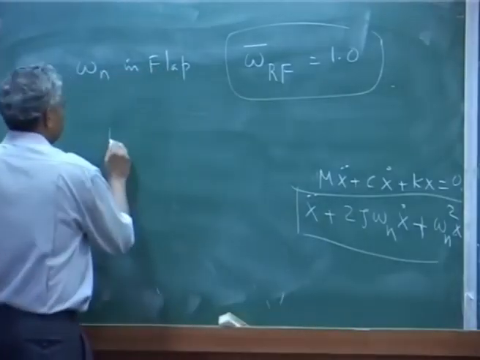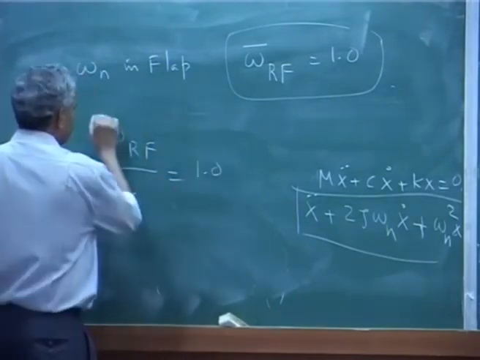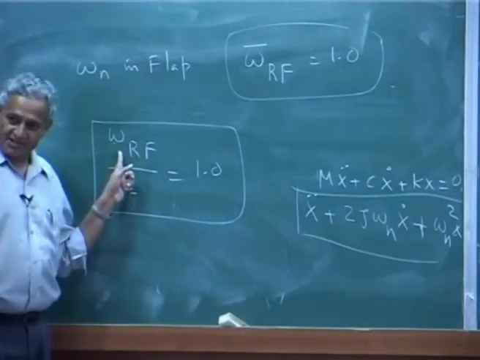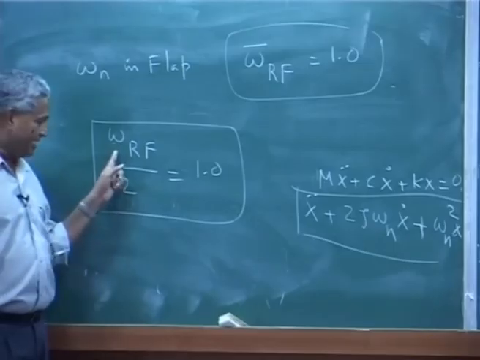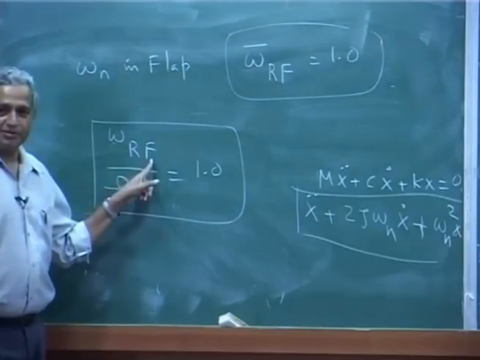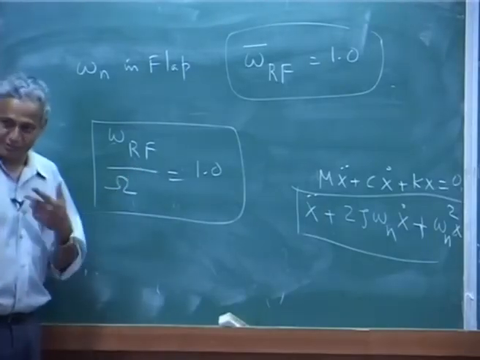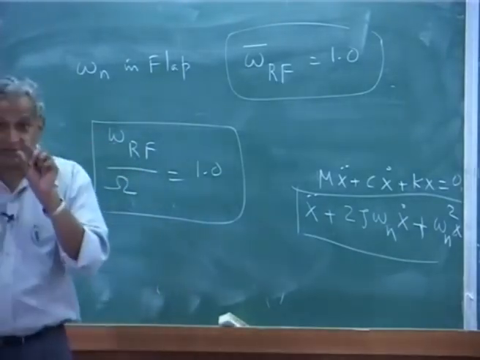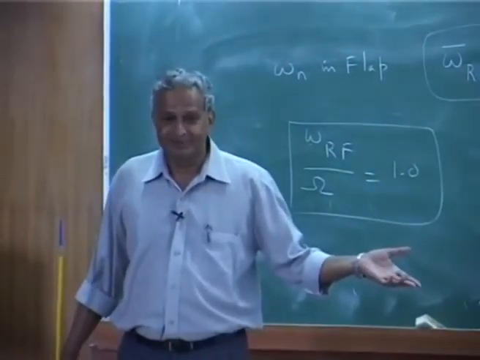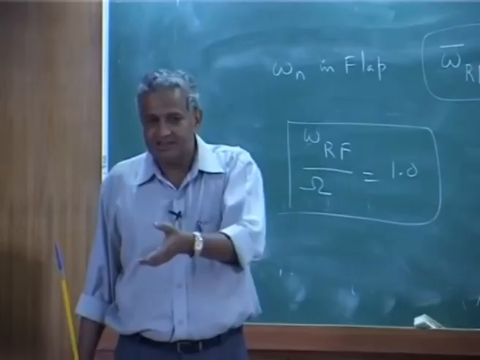So you may call it omega Rf over capital omega. This is the natural frequency of the blade in flap, non-dimensionalized with respect to omega, and Rf to denote that rotating flap. Please understand, Rf I am using the subscript only to denote rotating flap. If it is non-rotating, there is nothing, then it will just come down, that's all. Okay. So the centrifugal force actually gives the stiffening.